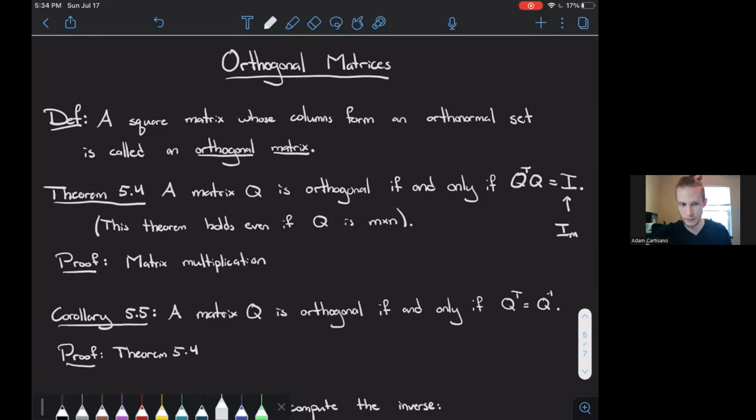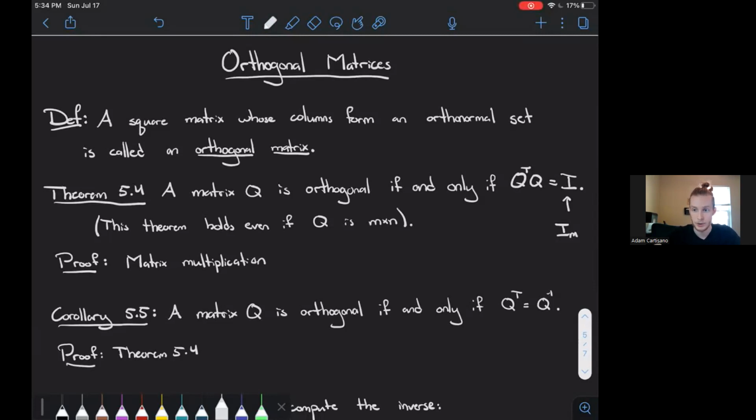But if you look lower down the page, you're going to see it doesn't matter. But okay, Q transpose times Q. There we go. Columns of Q times rows of Q transpose. But the rows of Q transpose are the columns of Q, which form an orthonormal set.